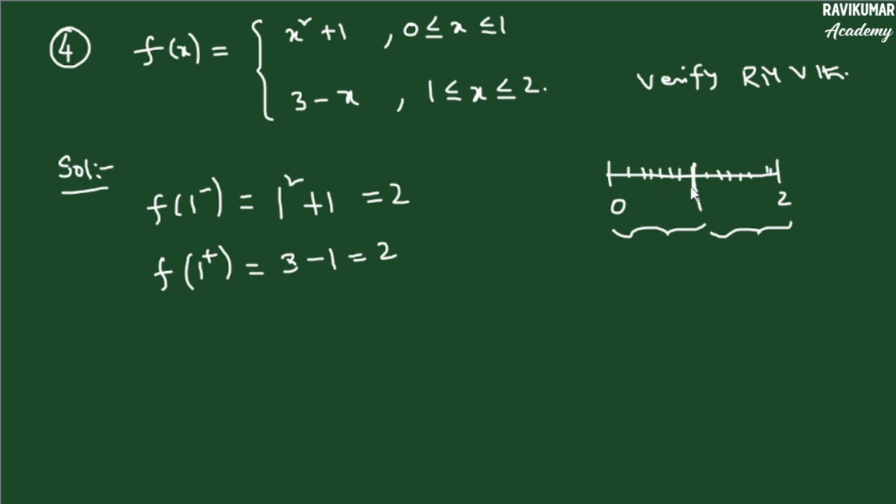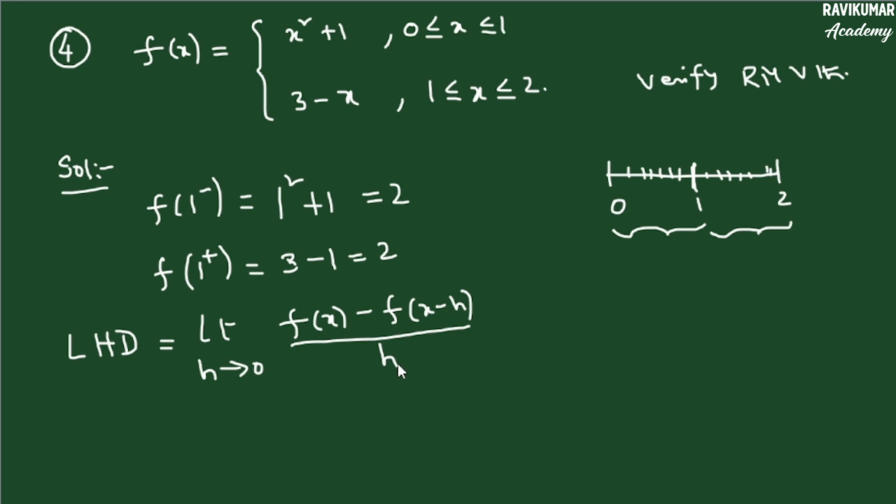So at x equal to 1, because the function is given as two parts, to the left hand side of 1 and to the right hand side of 1, we need to check whether the differentiability carries out or not, right? So for that, we find the left hand side derivative at x equal to 1. What is the left hand side derivative at any point x? It is limit h tends to 0 of f of x minus f of x minus h by h.